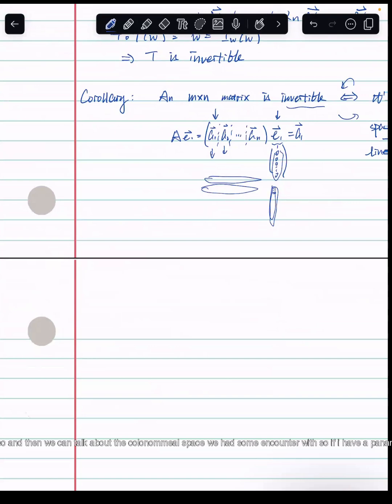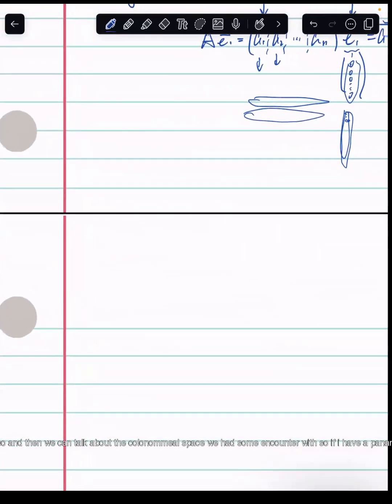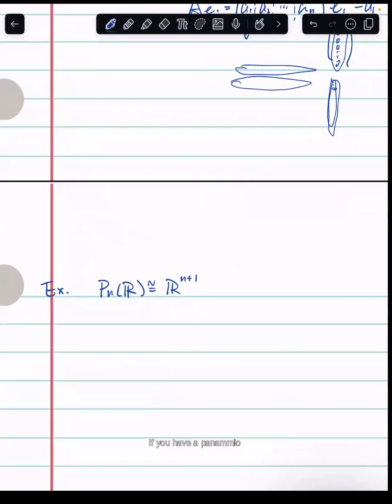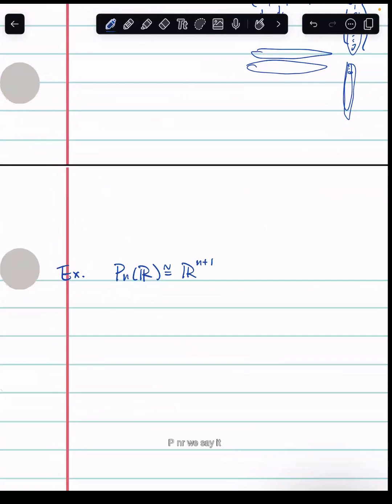Okay, and then we can talk about the polynomial space we had some encounter with. If we have a polynomial space PnR, we say it is isomorphic to the R^(n+1) space.